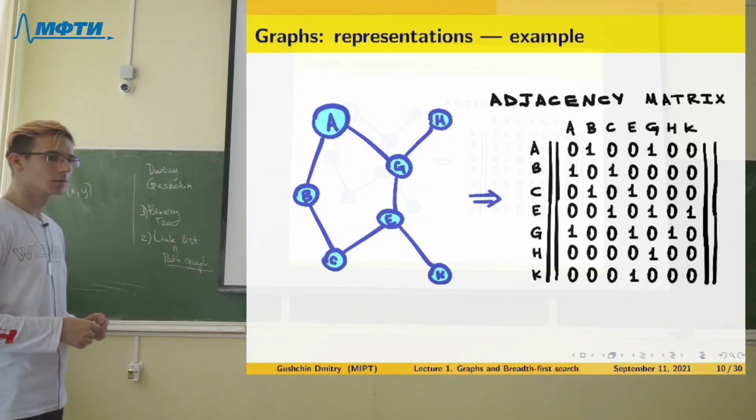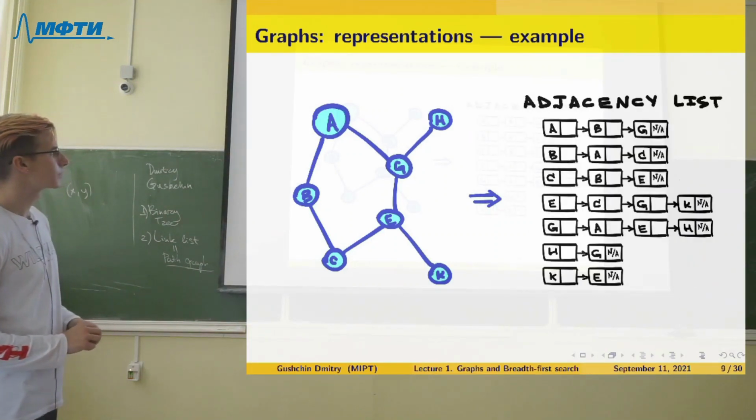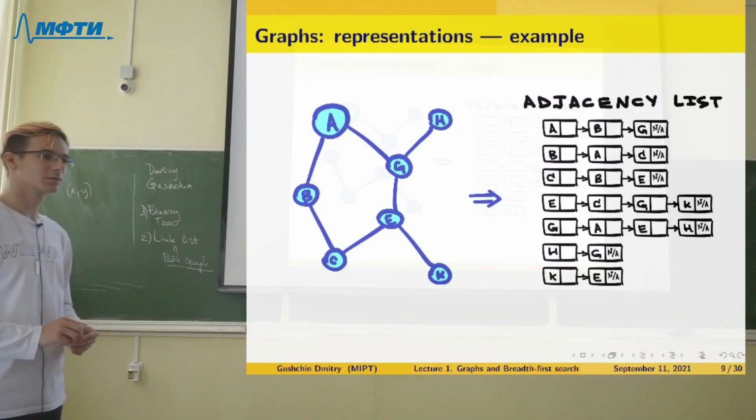Okay, but what is the advantage of the list representation? Space, of course.